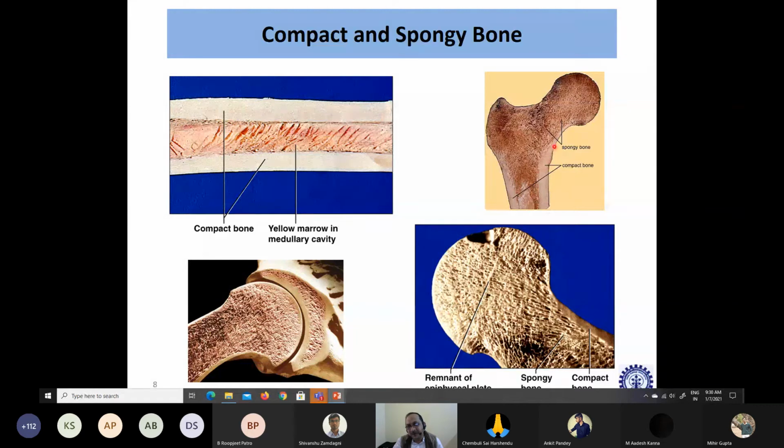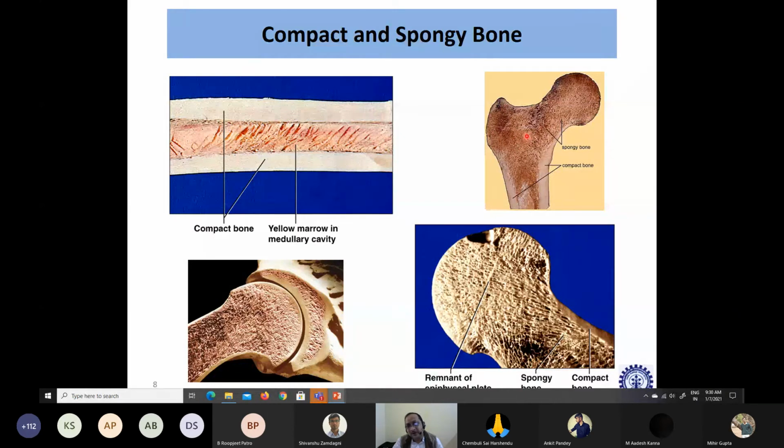One is very dense, compact bone, and inside there is a spongy structure, which is very interesting. This spongy bone is precisely called cancellous bone or trabecular bone.